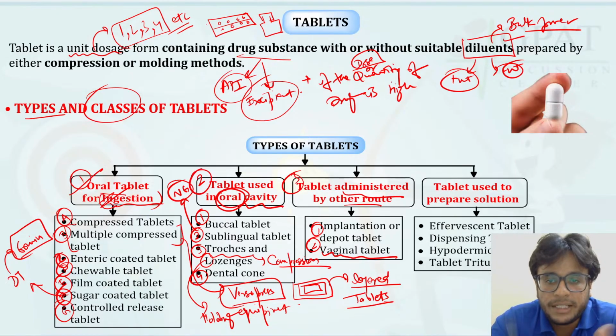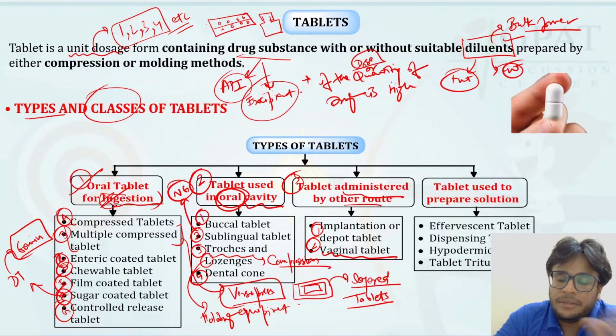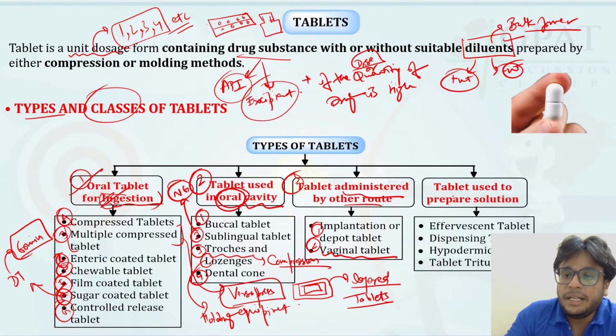That's why we have to use that kind of diluent in vaginal tablets. We also know them as vaginal suppositories, which we will discuss in our semi-solid class, like pessaries.